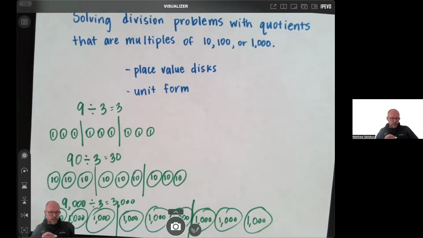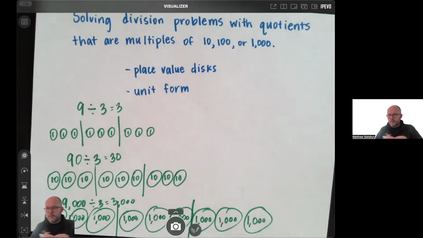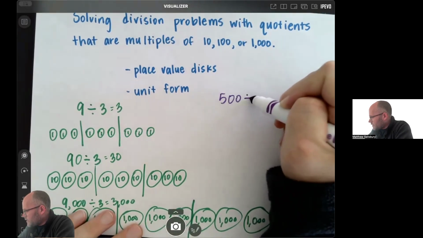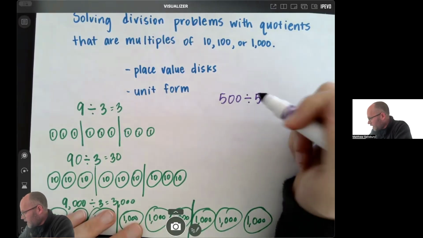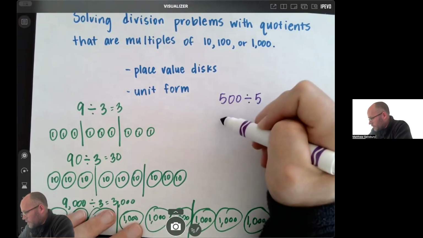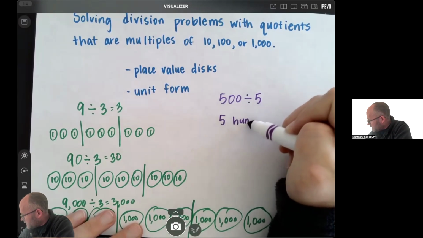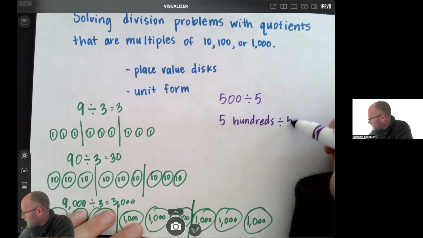The other thing you can think about is unit form. So let's look at a few problems in that way. Let's say we want to solve, let me use a different color, 500 divided by 5. Well, I can see that 500 in unit form is 5 hundreds divided by 5.